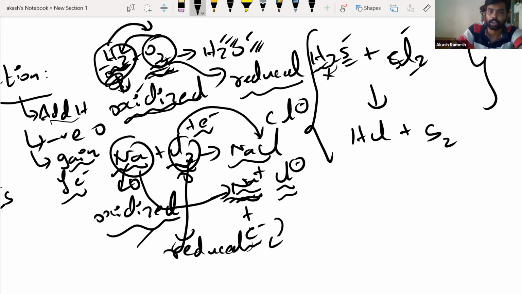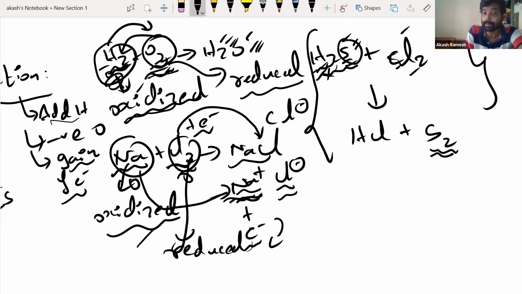Now if you look at this compound, H2S, hydrogen sulfide, you see sulfur is along with hydrogen on the reactant side. Now where is sulfur on the product side? Sulfur is here on the product side.